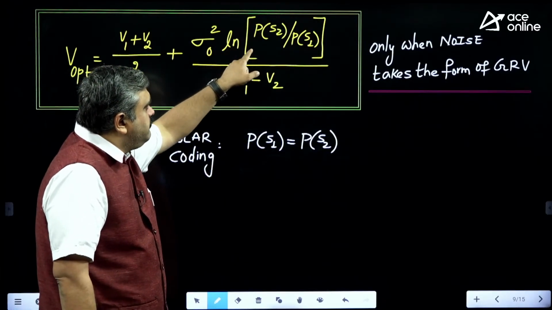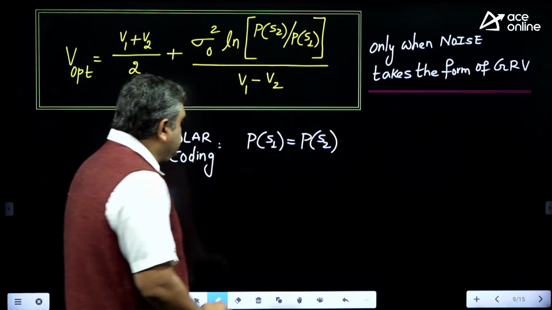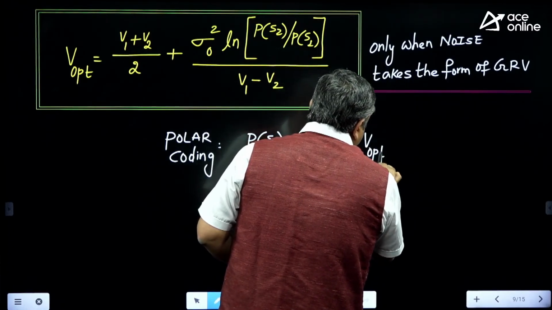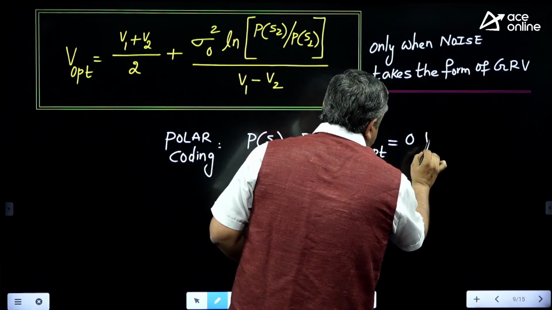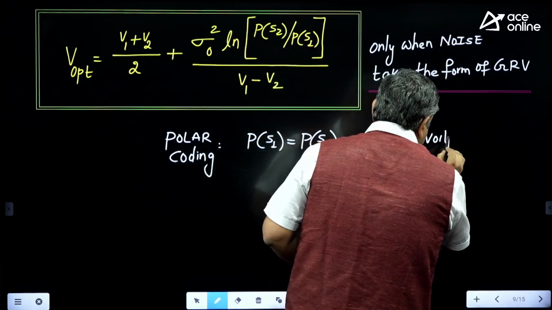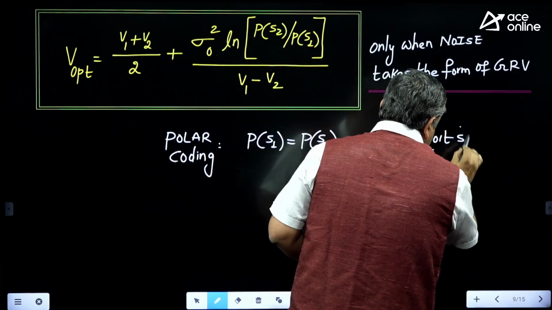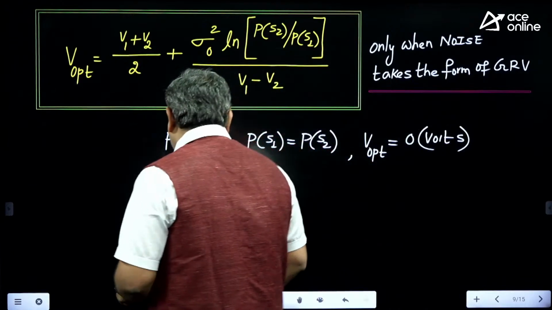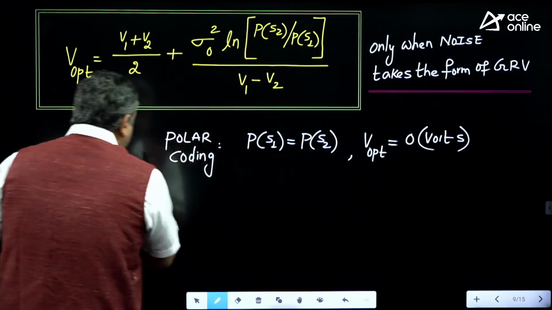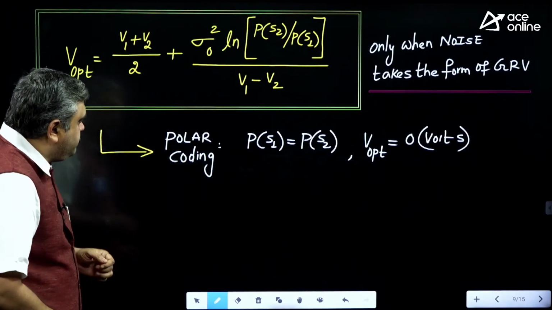Then log 1 will automatically become 0, means this entire part is 0. That means the value of optimum threshold voltage in this case becomes 0 volts.